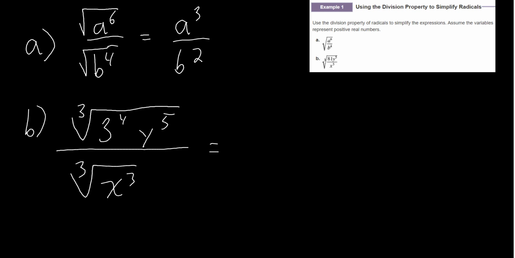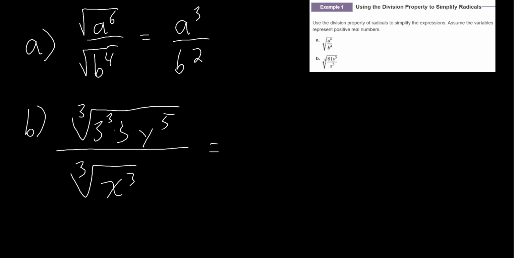Okay. Well, let's go ahead and actually fix this over here, right? Let's change this 3 to the fourth to a 3 cubed times 3, right? 3 cubed times 3 is indeed the same as 3 to the fourth.